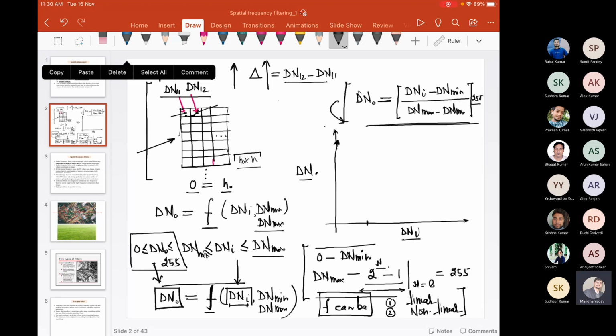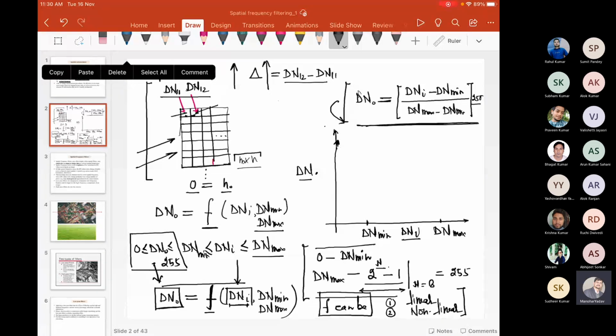And we have a range, DN min to DN max. All the DN numbers in this original input image lie between DN min and DN max.